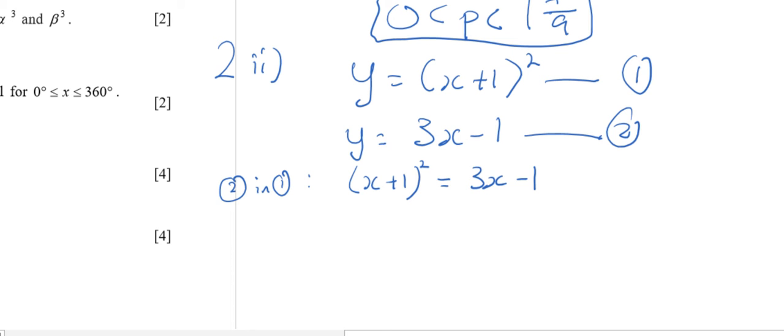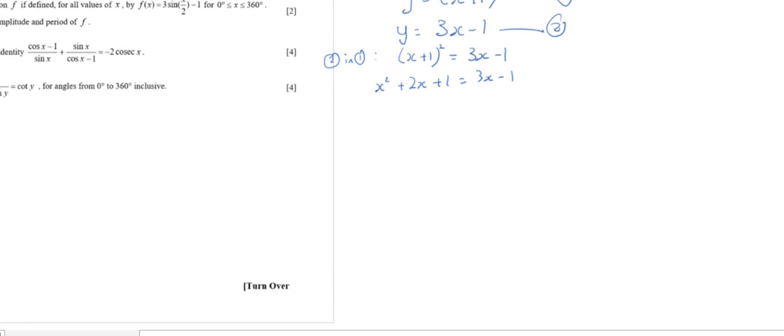After that, what do you want to do? Expand. So expand, what do you get? You will have x squared plus 2x plus 1 equal 3x minus 1.